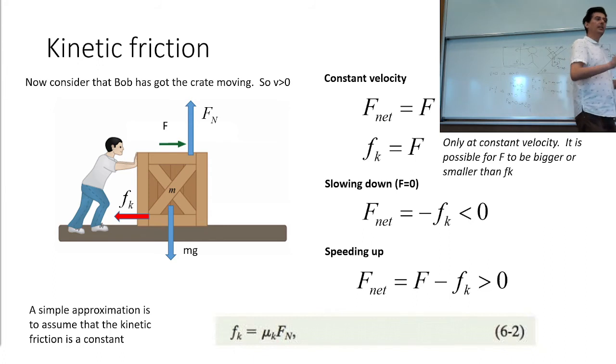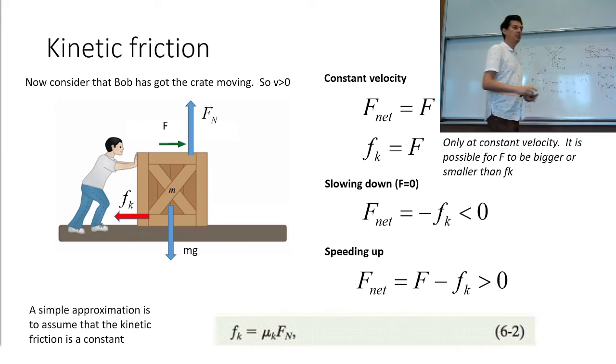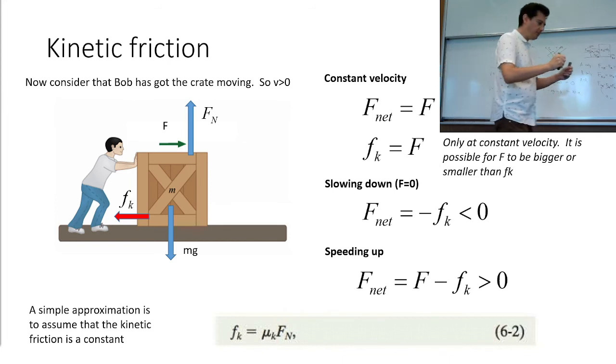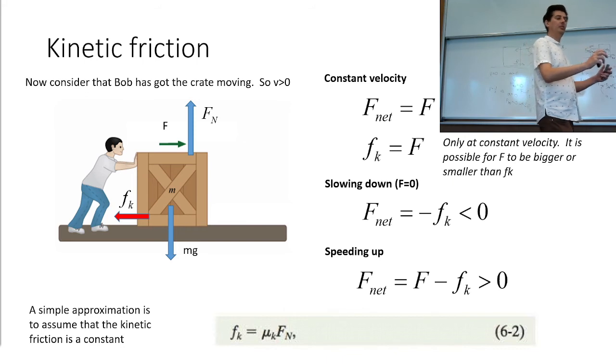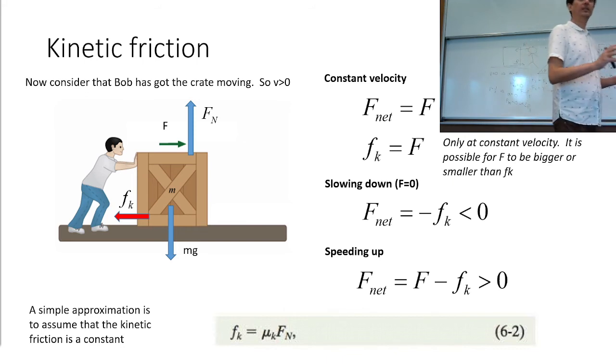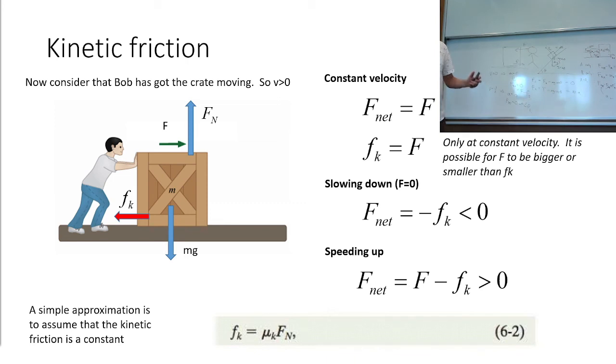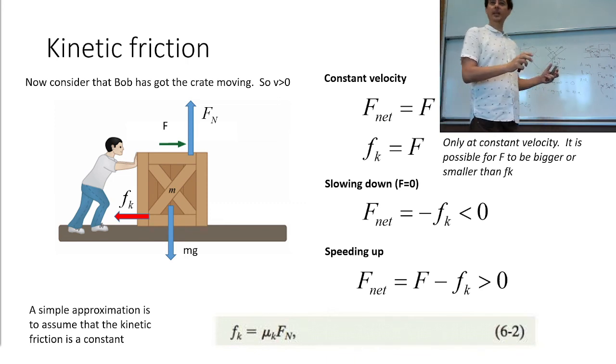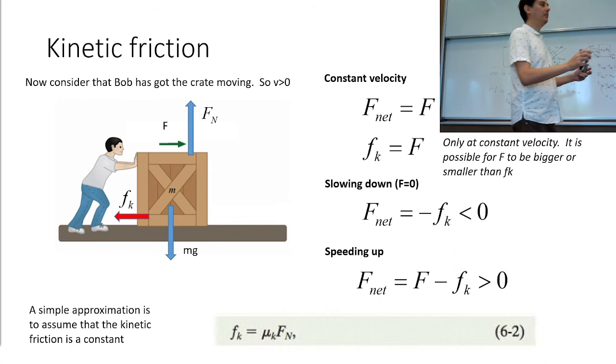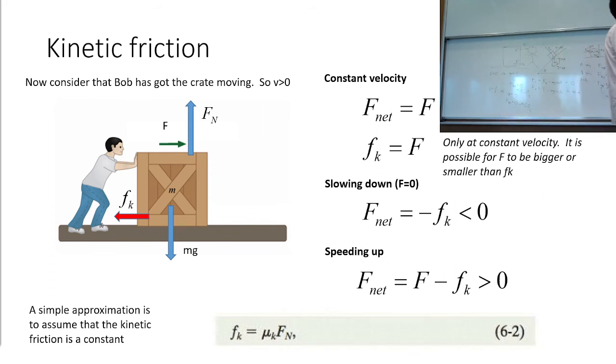But then when it starts moving, you go, oh my god, it's going a little bit too fast, so I've got to ease off. So you do this little compensation move where you give it a harder push at the beginning, and then you ease back, and once you know it's moving, you can relax a little bit. If you're moving a very heavy object, sometimes this is what you do. You give it a bit of a push at the beginning just to get it going, and then you ease back and push with a constant force.